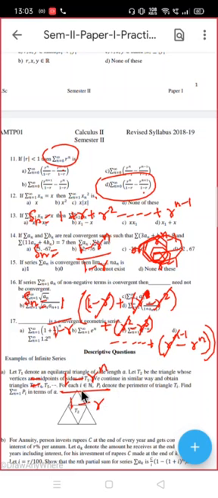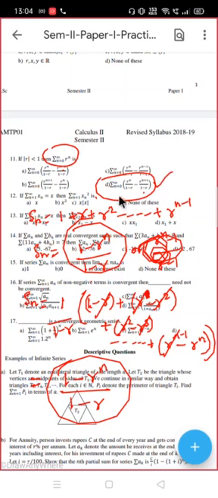Correct? So what do you conclude? Both are the same. Do you see? 1 minus r raised to n upon 1 minus r. So this is absolutely correct, option D, that is r raised to n minus r raised to n plus 1 over 1 minus r. Do you see how I solved it?